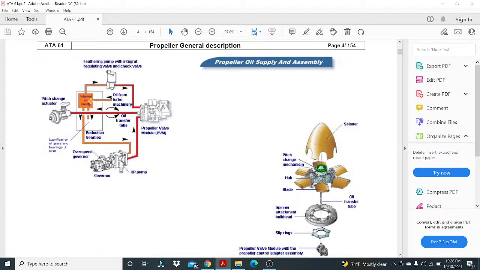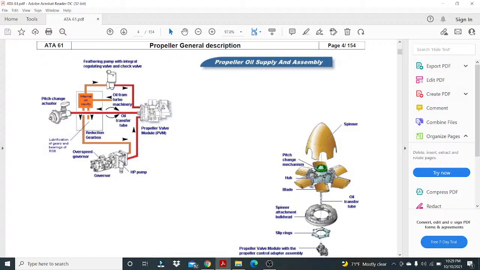First we get oil from the turbo machinery, then the internal cavity, then the feathering pump, and it goes to the PVM. This is the HP pump, and the liquid goes in here for lubrication of gears and bearings of the RGB.